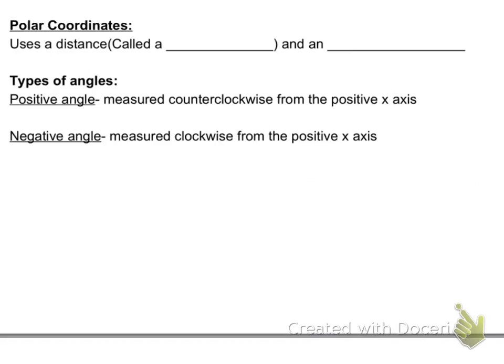So polar coordinates, guys, are a slightly different setup. It uses a distance, what we're going to call, or have seen as, a radius, and an angle. So polar coordinates put together a radius and an angle.